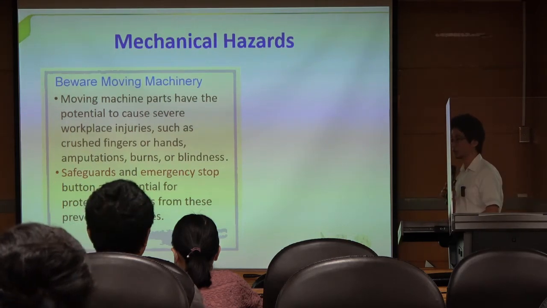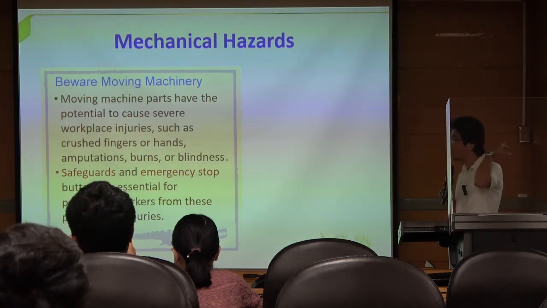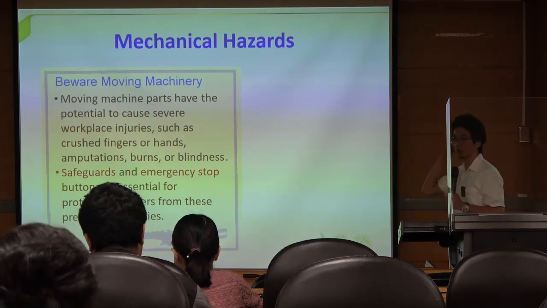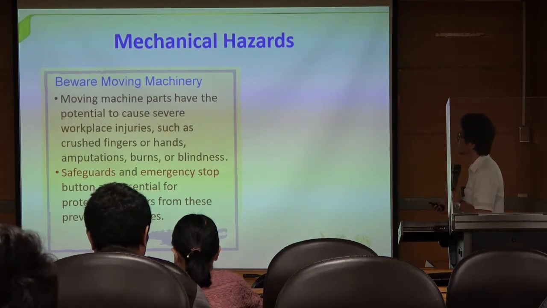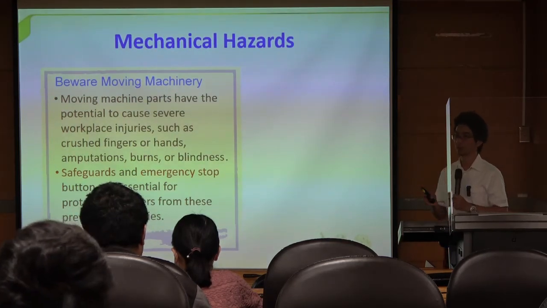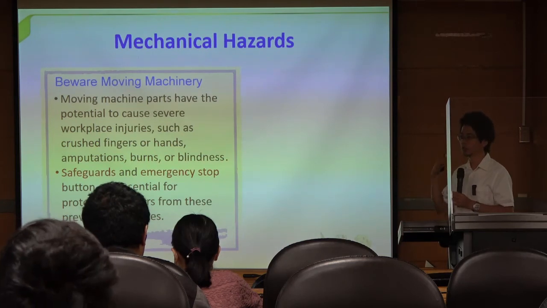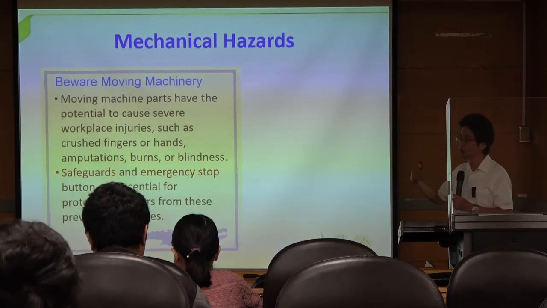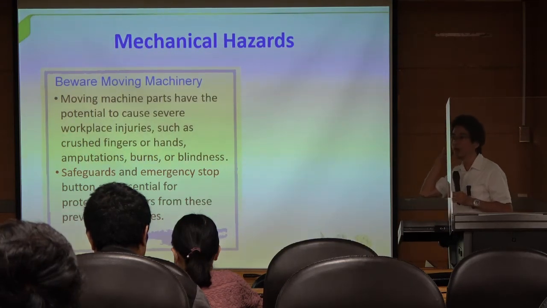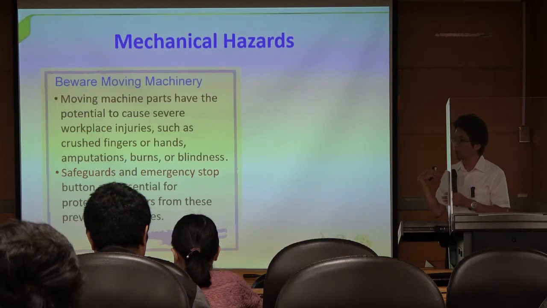Girls, not only girls, I think some men have long hair. If you have long hair, be cautious of rotating machines, because I watched a real case video. A lady was only nearby the rotating machine. The machine was this big, rotating very fast. The lady was only nearby, and her hair was very long.